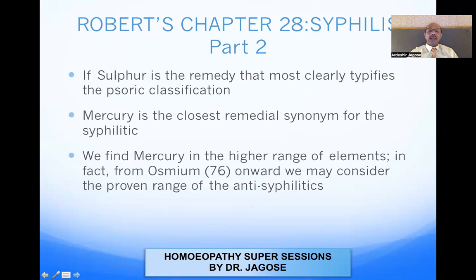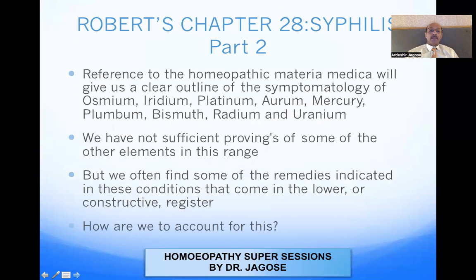He says we find mercury in the higher range of the elements because of its destructive nature. All the elements which are more destructive come higher up in atomic weight, and they may be considered to prove the range of antisyphilitic medicines.